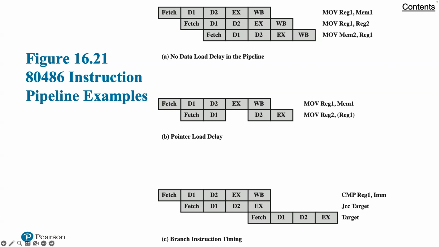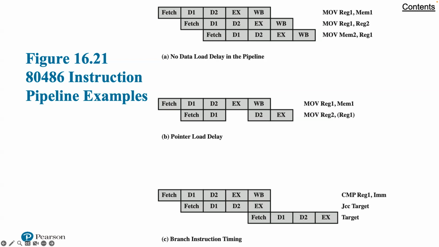Then Figure 16.21C illustrates the timing of a branch instruction, assuming that the branch is taken. The compare instruction updates condition codes in the WB stage, and bypass paths make the state available to the EX stage of the jump instruction at the same time.